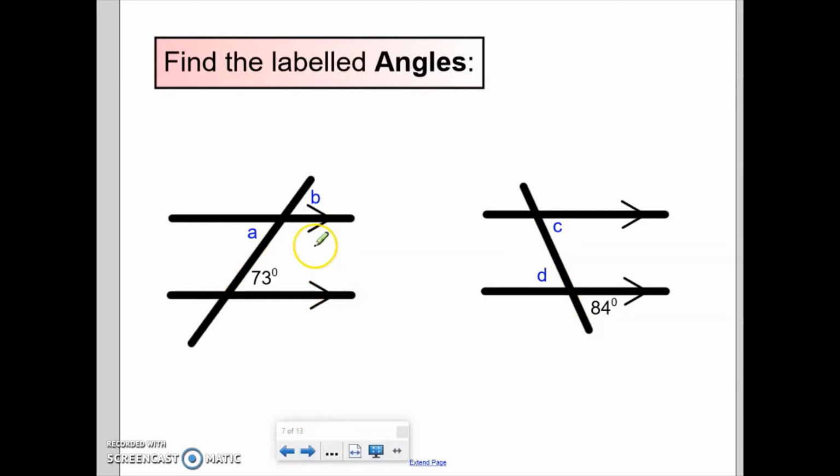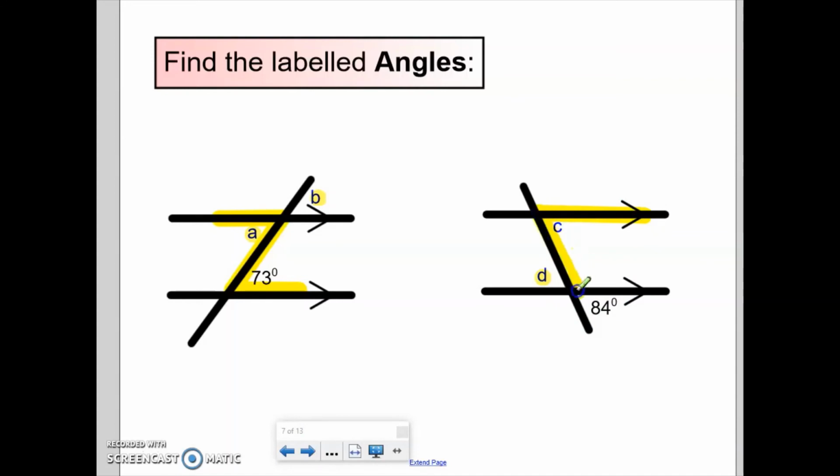So I'm going to say that angle A is 73 degrees because it is an alternate angle to the angle 73, which means that B is also 73 degrees because these two angles, A and B, are vertically opposite. D is 84 because it is vertically opposite the angle of 84.